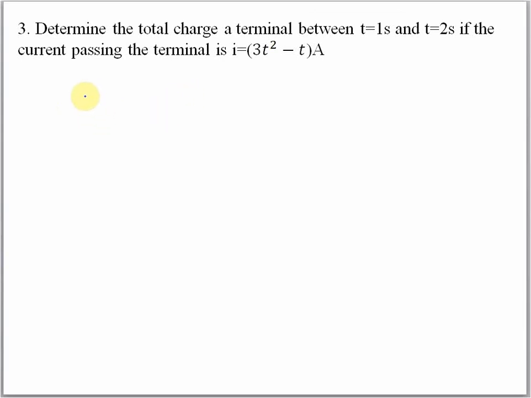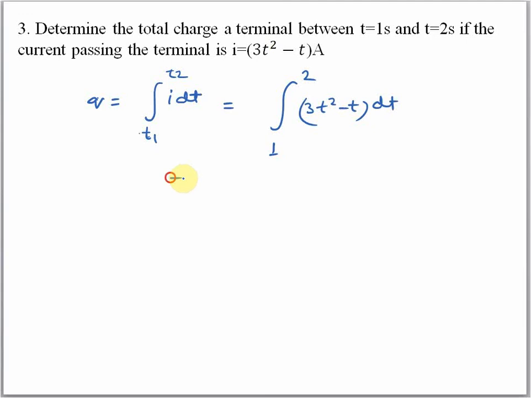We know the formula q equals integral of i dt, and the time limits are t1 to t2. We put t1 equals 1 second and t2 equals 2 second, so the integral of 3t square minus t dt. We have to integrate this.